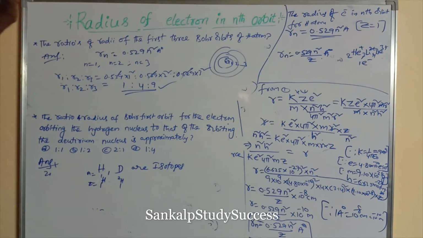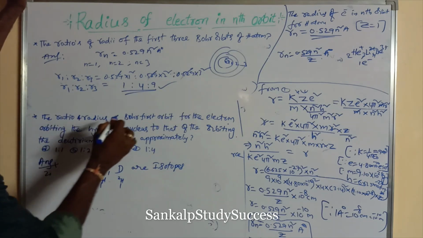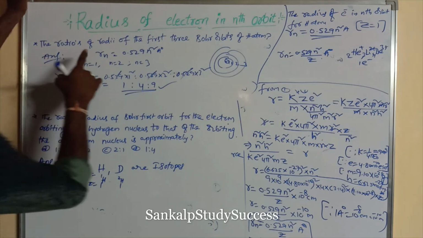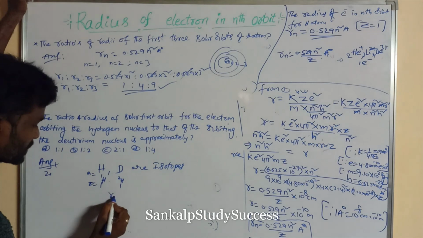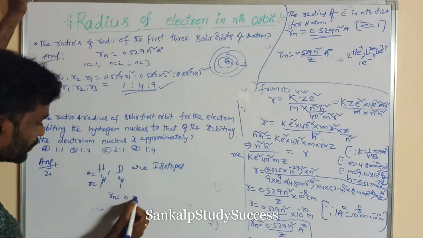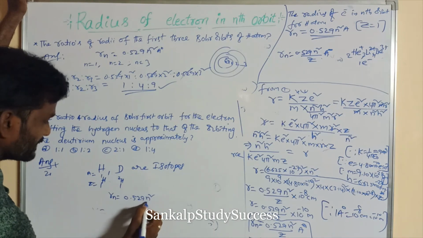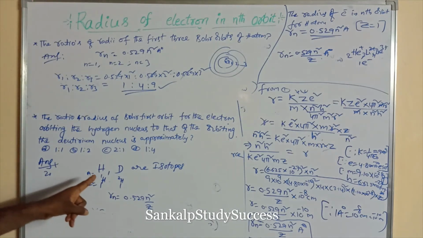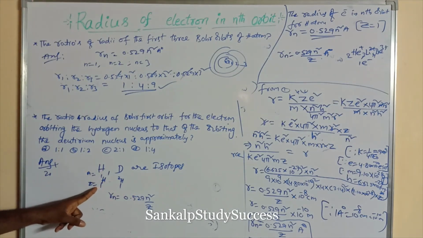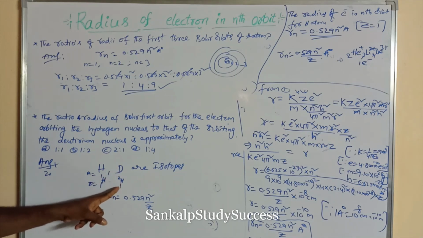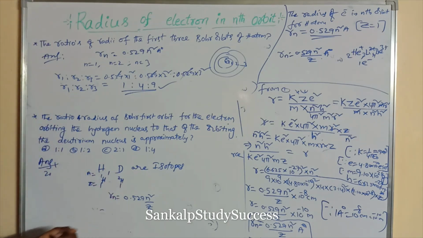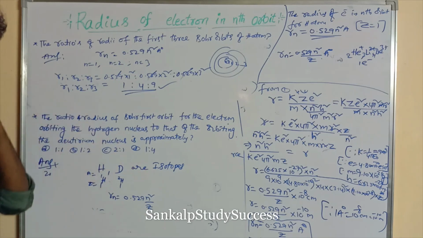Now we can find the radius of the first orbit of both hydrogen and deuterium. What is the formula for radius? Rn is equal to 0.529 n square by Z. For hydrogen the Z value is equal to 1. Similarly for deuterium also the Z value is 1. Both have the same atomic number but different mass number of the same element.